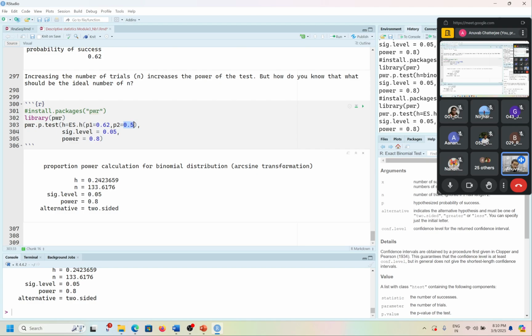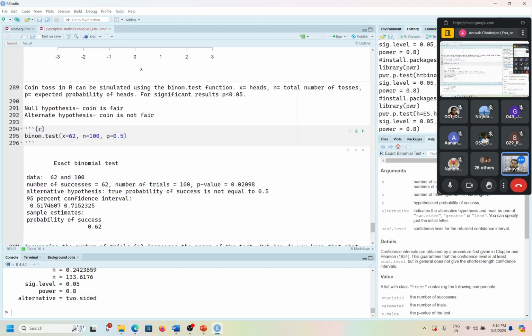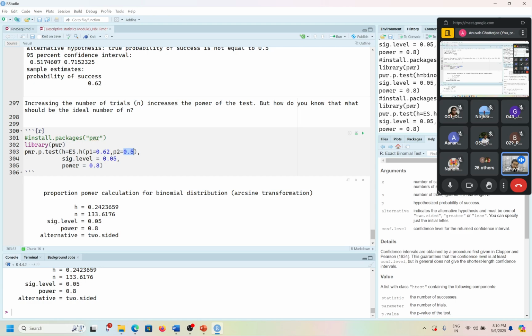How you use Cohen's h is that you look at two different distributions. One distribution is the ideal distribution where you have a mean of 50% probability of getting a head or a tail. The other has a 62% probability of getting a head rather than a tail.